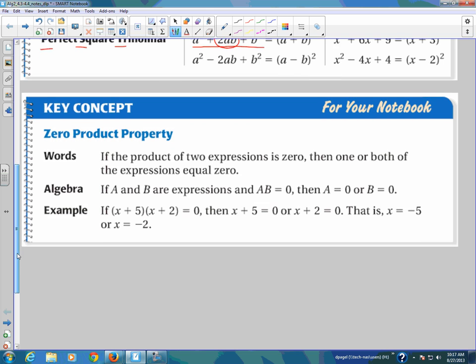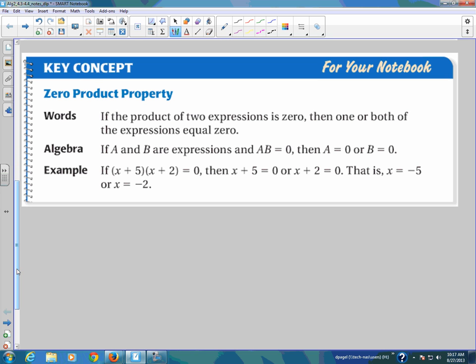Some other concepts. This is the zero product property. Oftentimes we'll abbreviate this ZPP. This is the property that I use to help me solve these polynomials when I'm looking for roots. If I have factors multiplying together and their product is 0, as in the case here of quantity x plus 5, quantity x plus 2 multiplying together producing 0, then that would mean that either x plus 5 has to equal 0, subtract the 5 and you get one of your solutions, x equals negative 5.